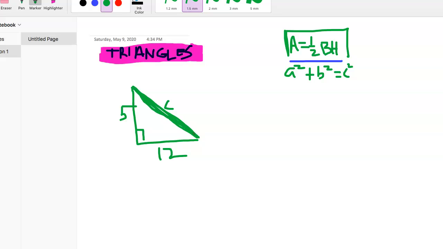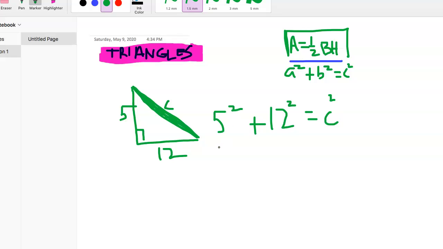So they may ask you, what's the hypotenuse? That just means what's c. So we're just going to plug these in, right? 5 was our value for a, and then we square it, plus 12 was our value for b, square that too, equals hypotenuse, or c, squared.